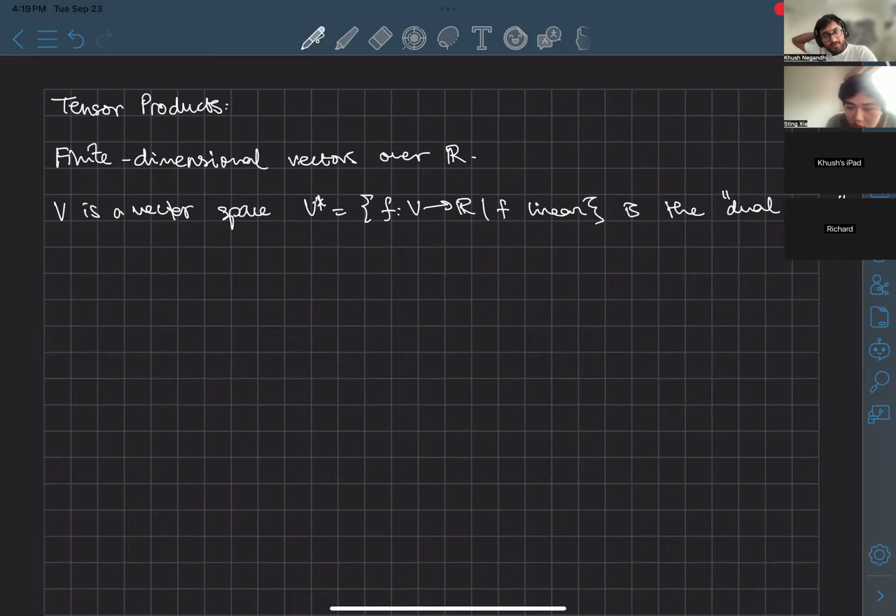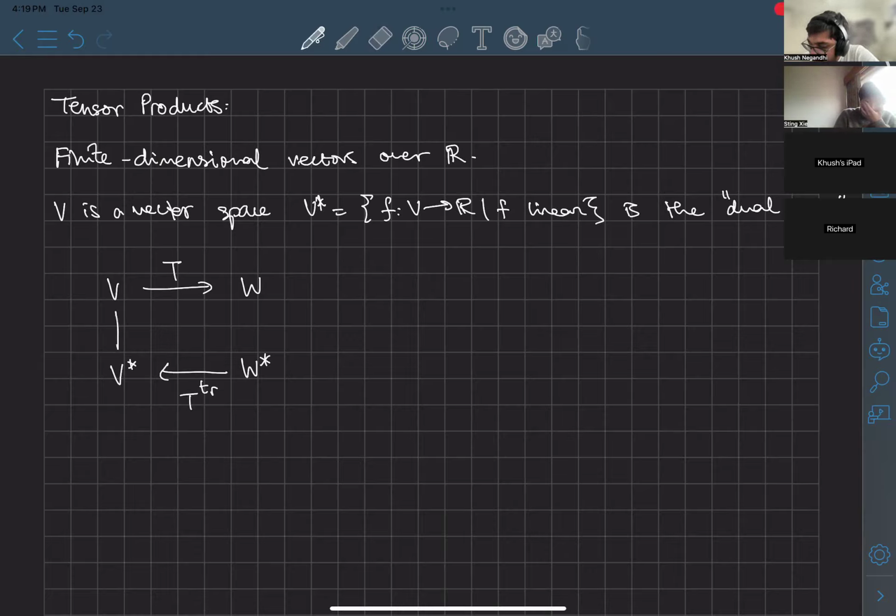The reason this is called the dual space is, if we have a linear map from V into W, we then have a natural map going the other direction called the transpose of this linear map.